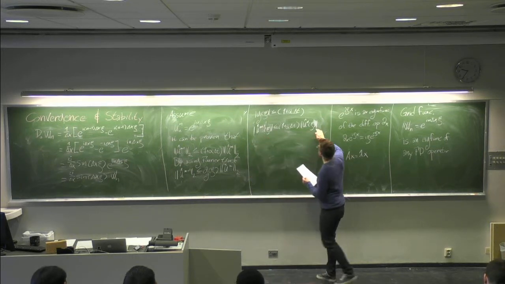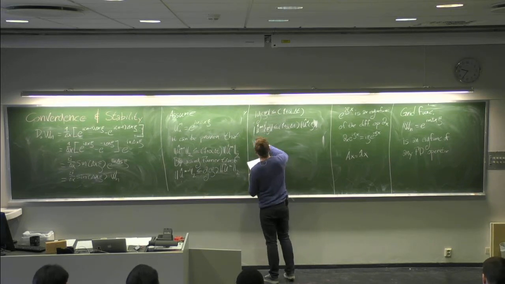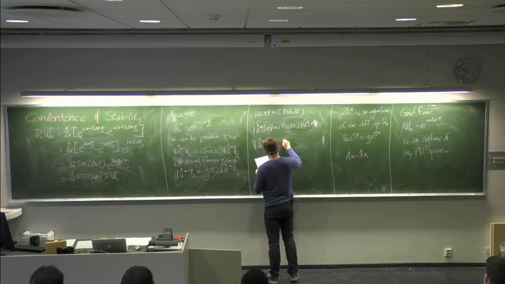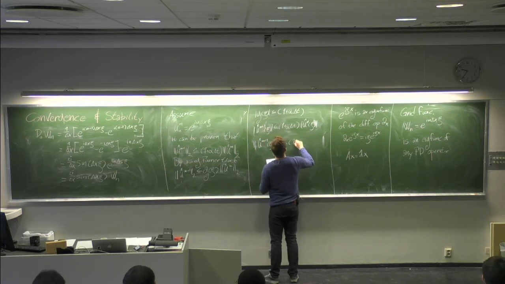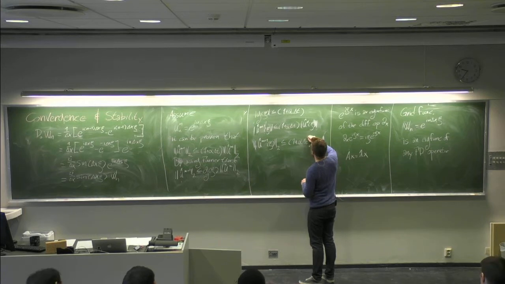Yes, so here it's only the absolute value, which means that the 2 norm of u m plus 1 of psi is less than 1 plus alpha delta t times the 2 norm of u n.